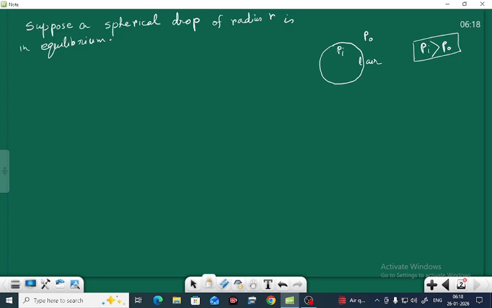If its radius is increased by del r, suppose the radius of this spherical drop is r, and it has increased to r plus del r, there is excess pressure.